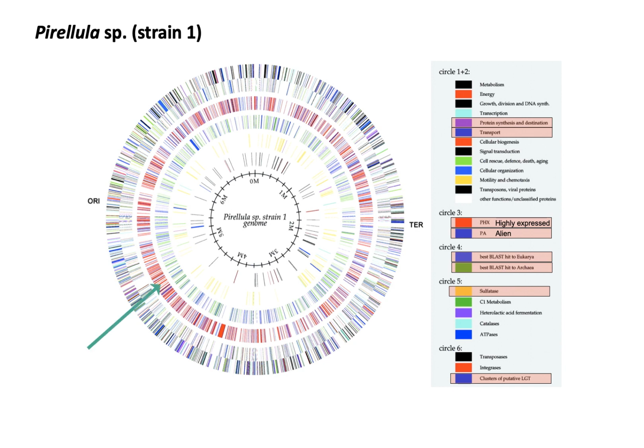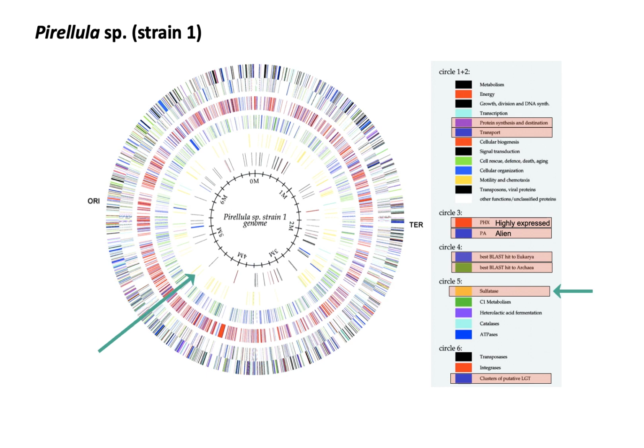The next one down, circle 3, are for highly expressed genes. So those ones are expressed in high volume. The next one shows in blue things that are more closely related to eukaryotes. And in green, those genes that are more closely related to Archaea. So that's interesting.